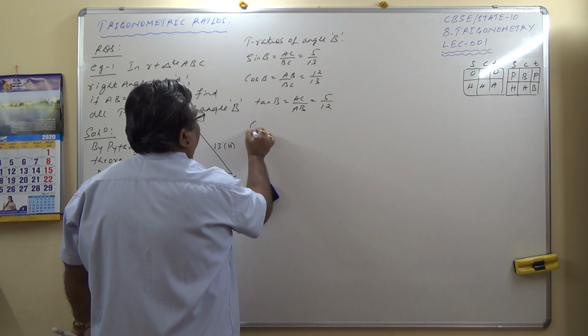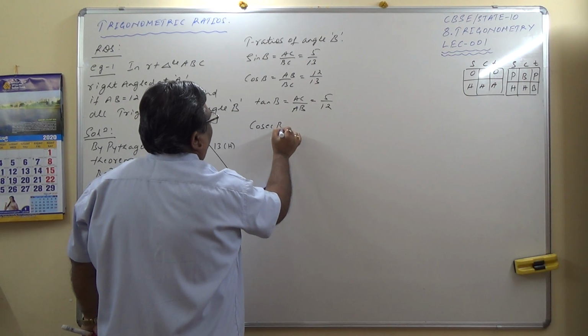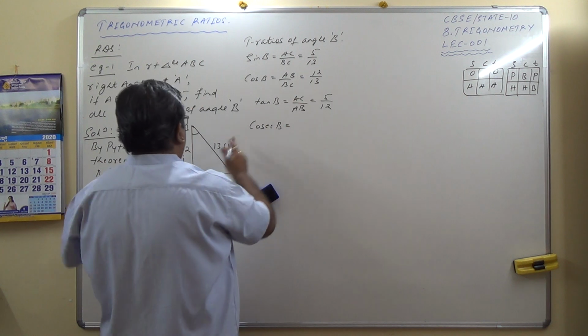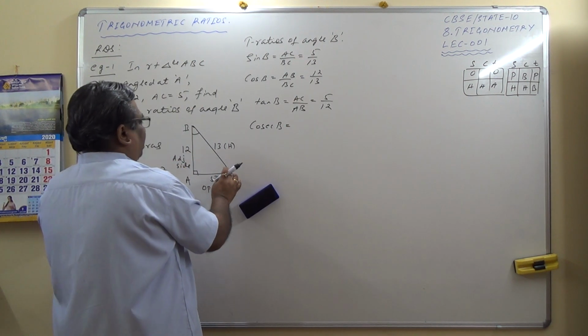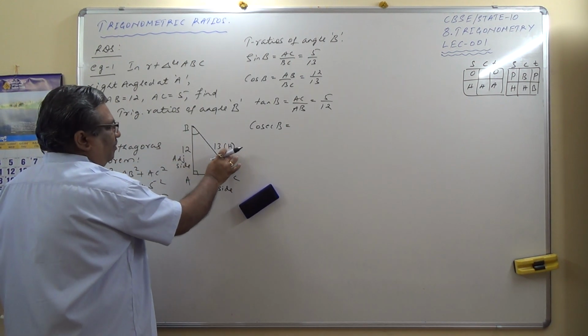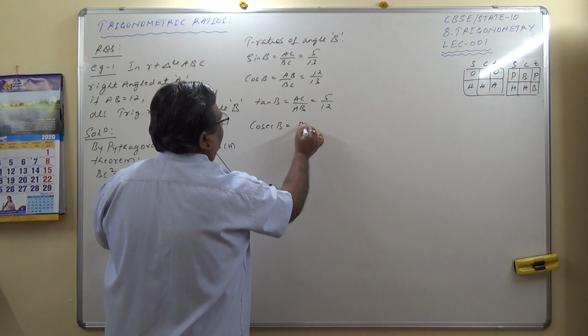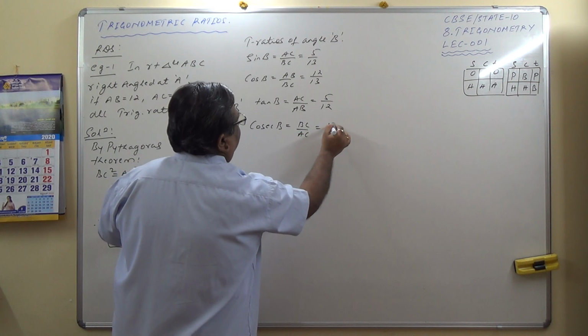So cosec B is hypotenuse by opposite side, which is BC by AC, which is 13 by 5.